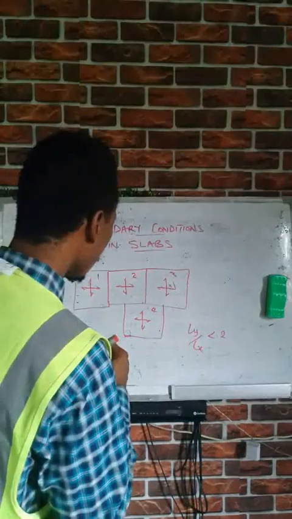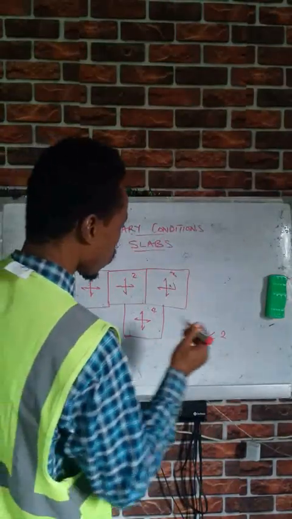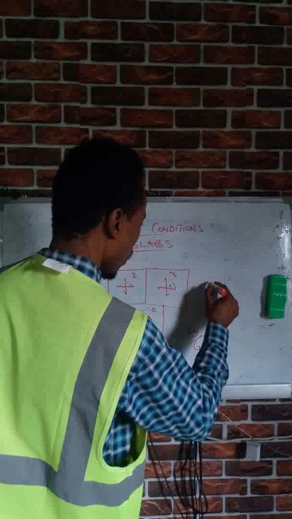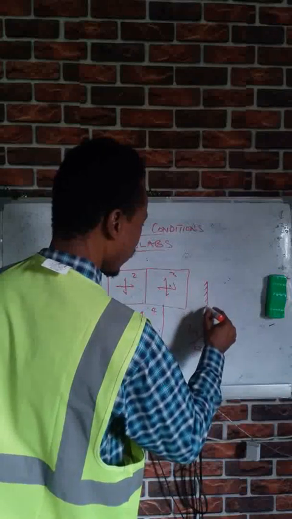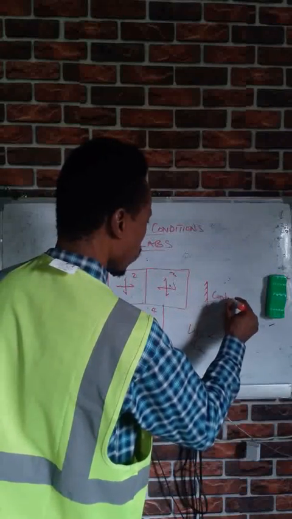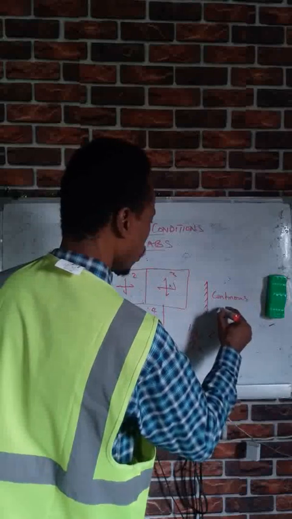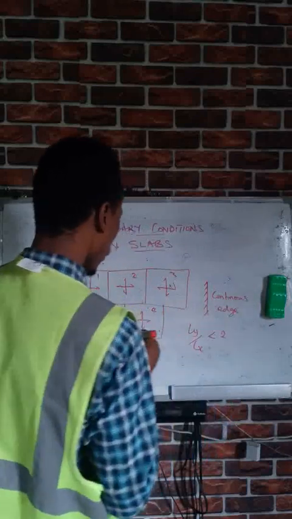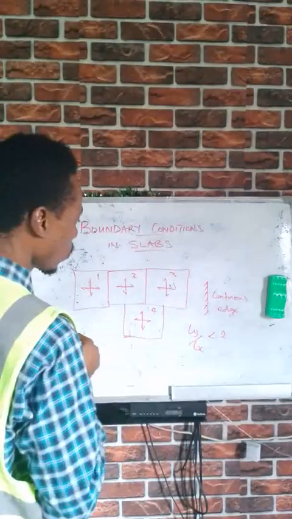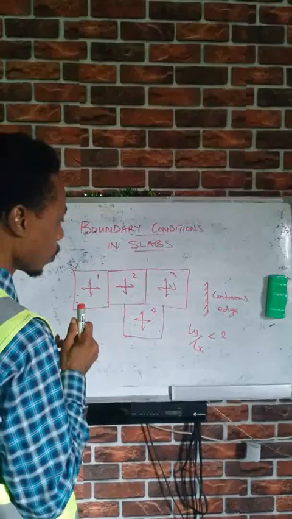For example, we have what we refer to as a continuous edge. This is the symbol for a continuous edge. So that is the boundary condition.